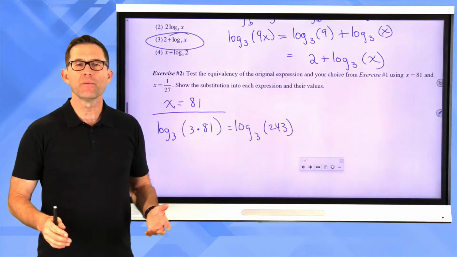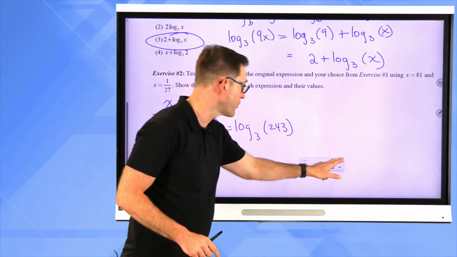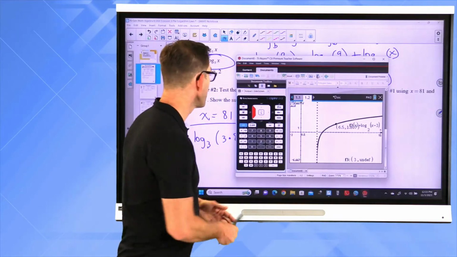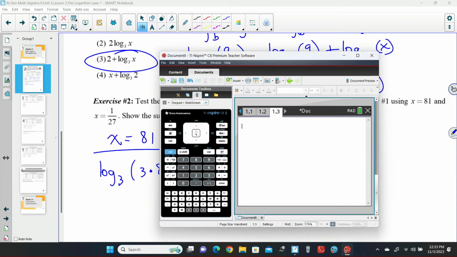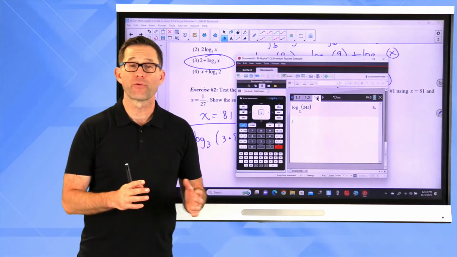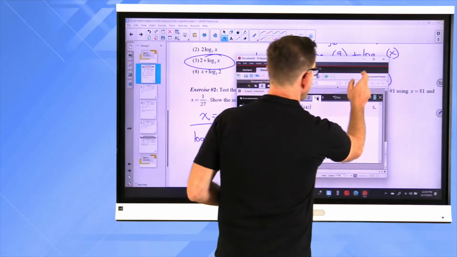Now, that might be a little bit tricky. Of course, you've got your calculator, so you could certainly take the calculator out. We could grab our calculator. We could maybe add a different page so we're not looking at that. And we could do the log base 3 of 243, and that's equal to 5. Of course, meaning that 3 to the 5th is equal to 243.